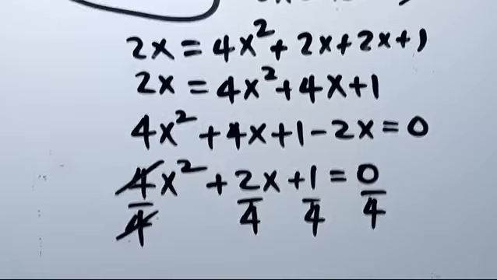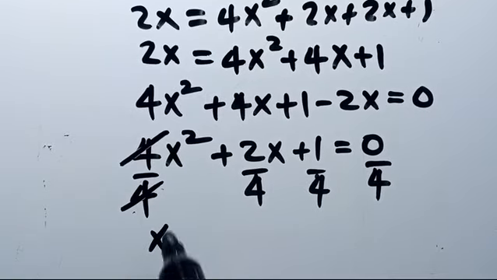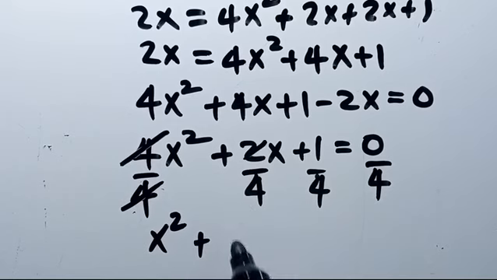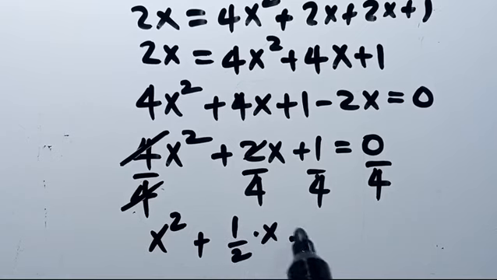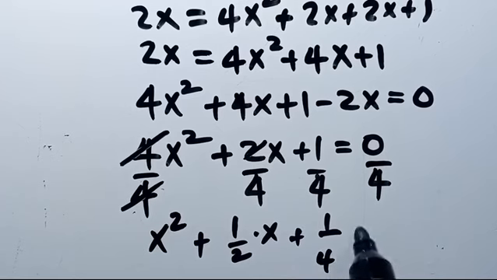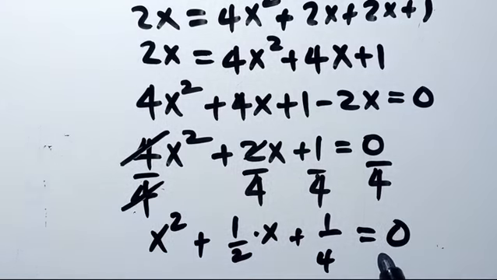This will cancel out this, and we have x squared plus 1 over 2 times x plus 1 over 4 equals 0.